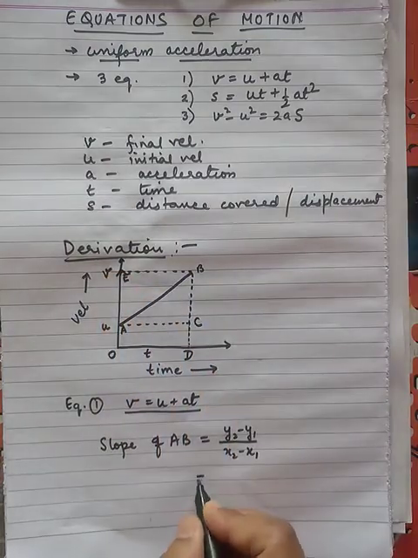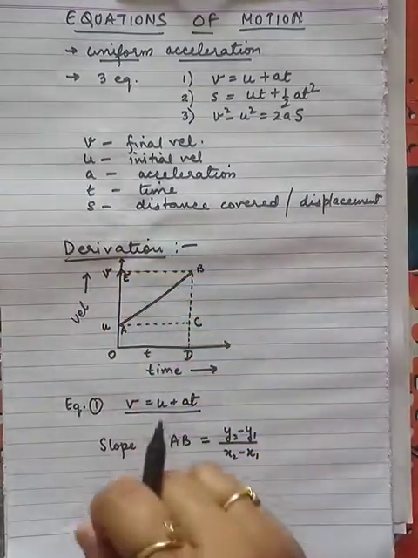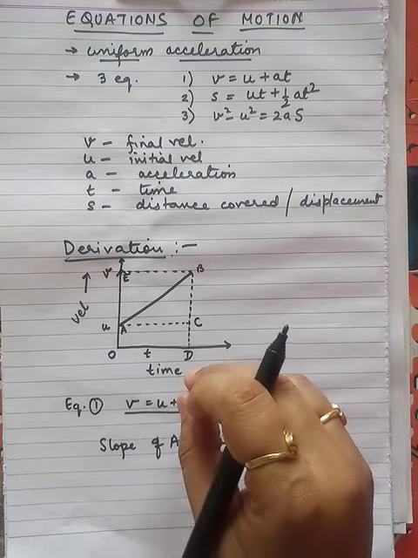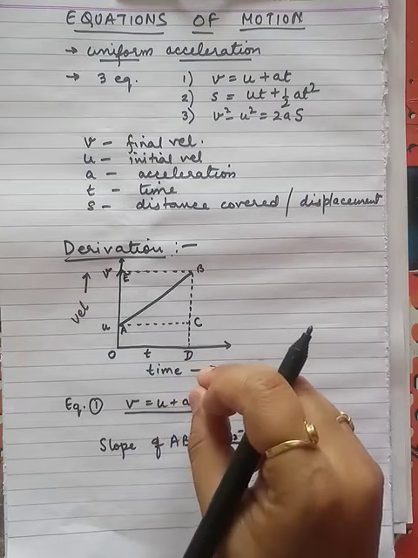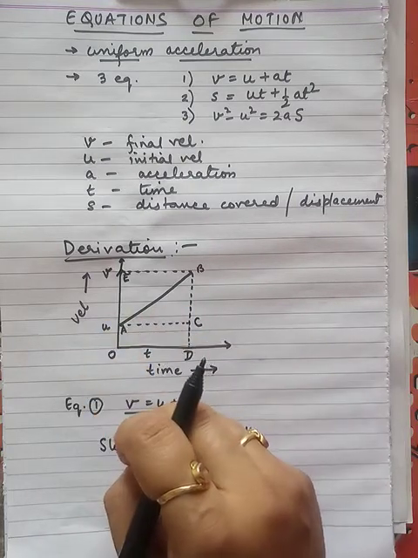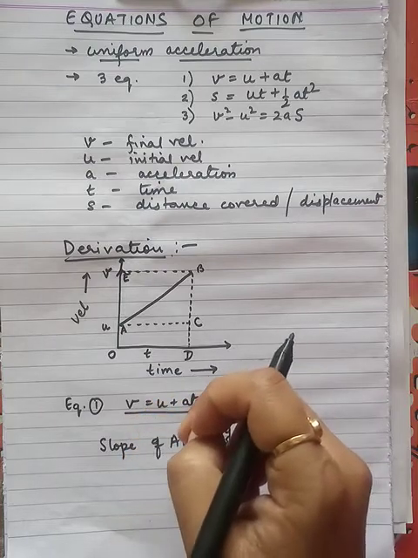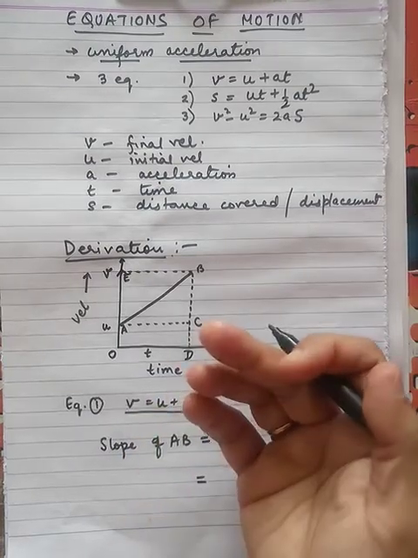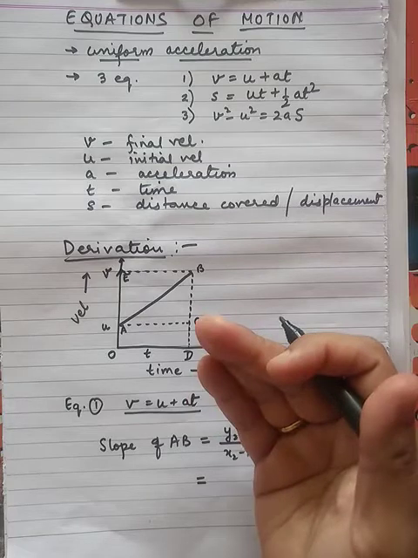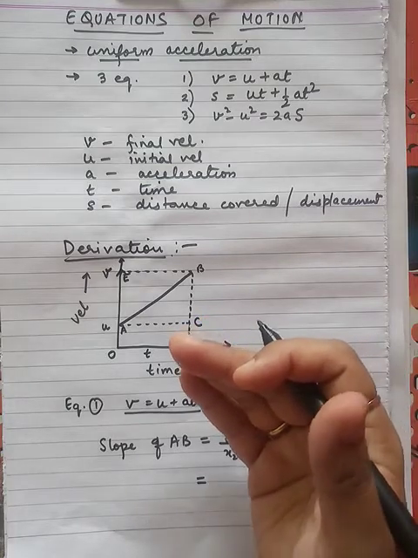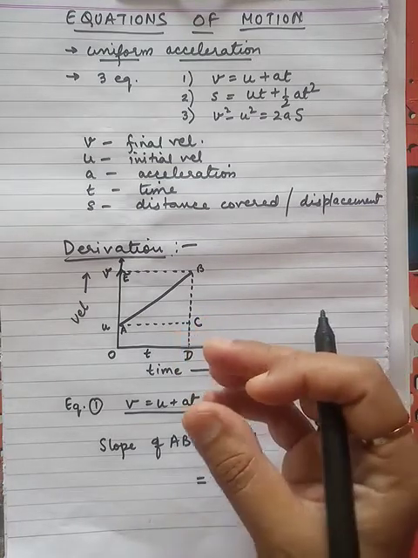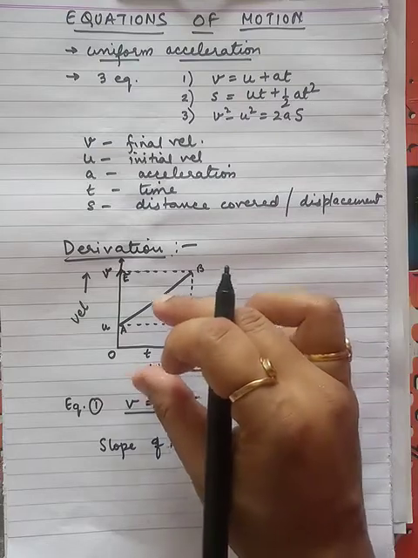I will write down according to the graph first, and then I will use the values to derive through the graphical representation. Because I am using the graph, I will use the graphical values first.